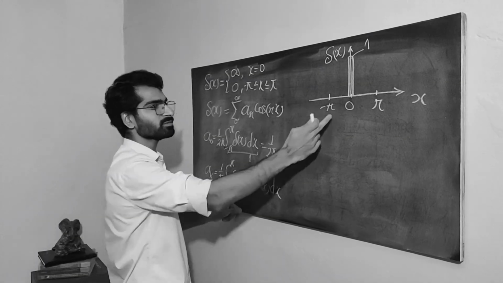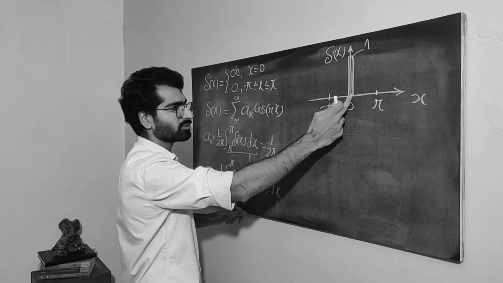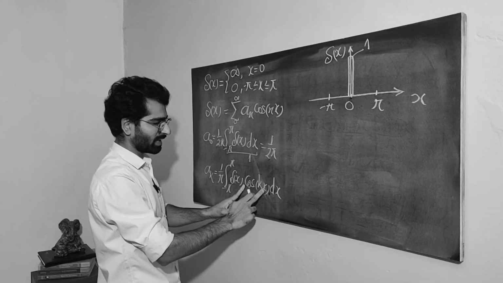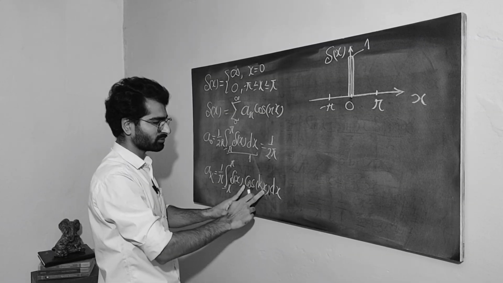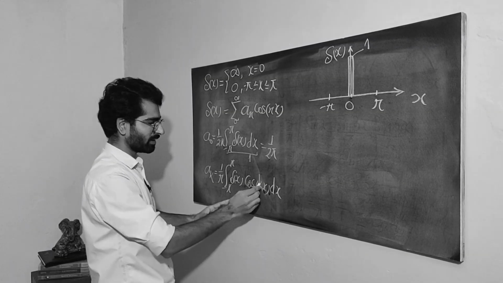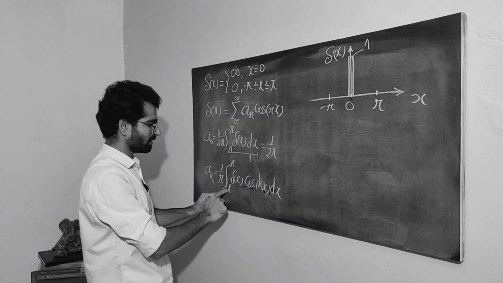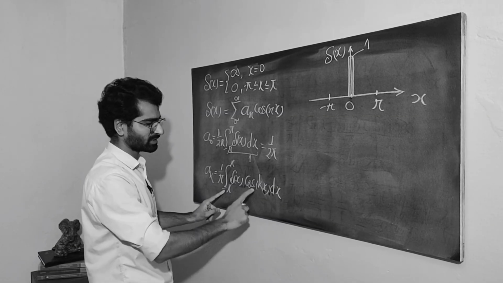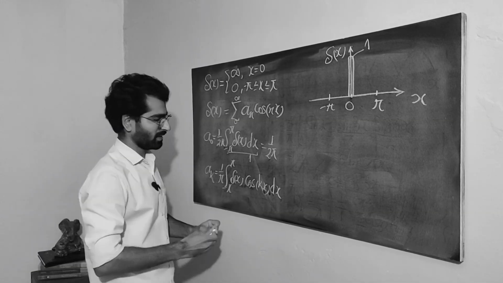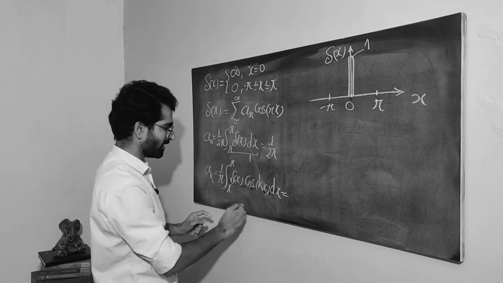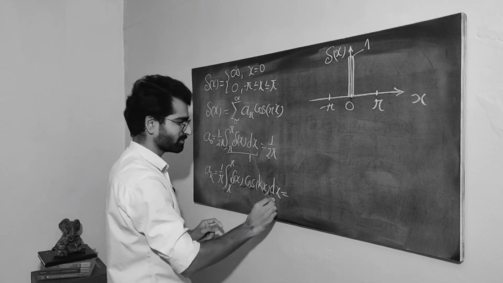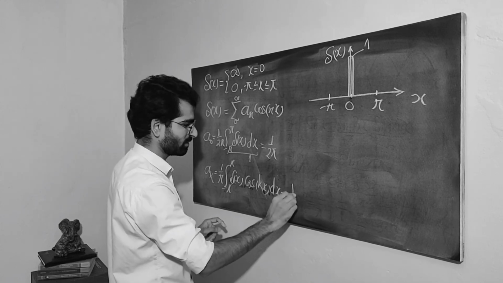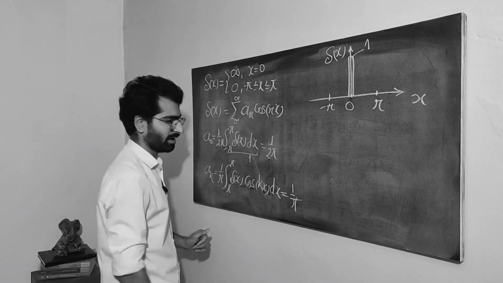And so at this spike, x equals 0. When you put x equals 0, cosine of 0 is 1. So it goes away. Again, you are left with the integral from minus pi to pi of the delta function dx, because this is 1. And so this entire integral becomes 1. And so you are left with 1 over pi.